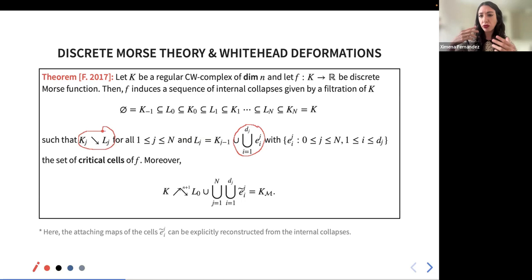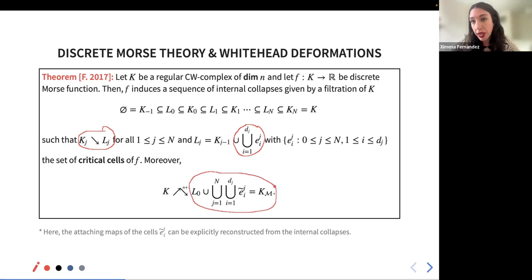Great, so all these collapses can be performed internally. You have to modify the original attaching map of all the critical cells in the way that I showed you before. Again, here you have to iterate the procedure that I showed you in the previous slides, and you have a description of the Morse complex.